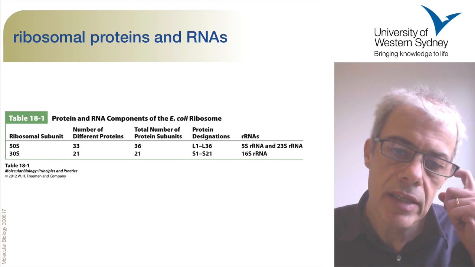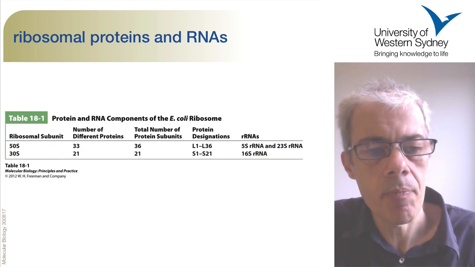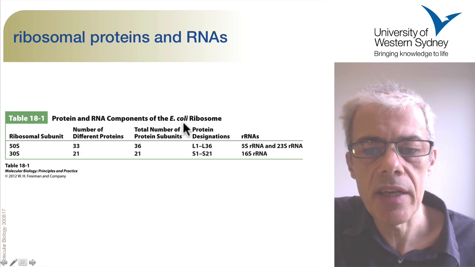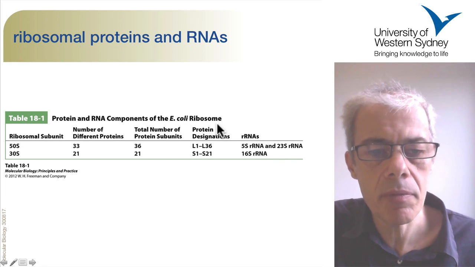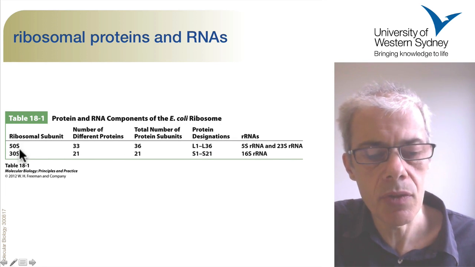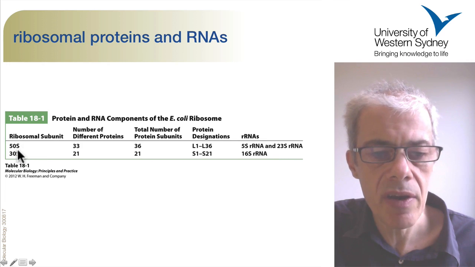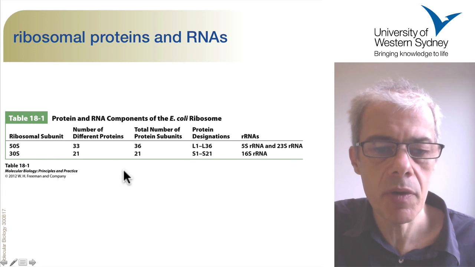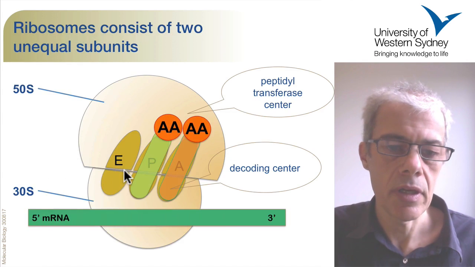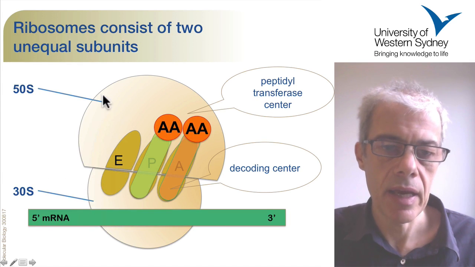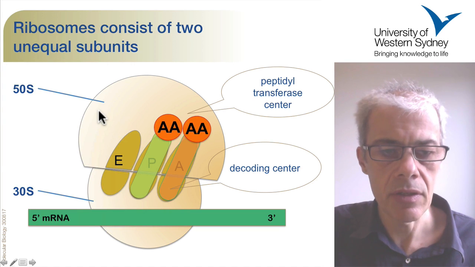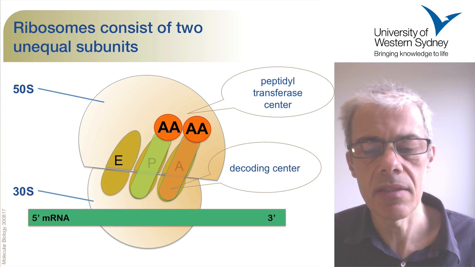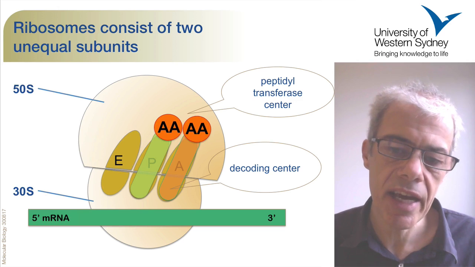Again, here's a table from the textbook, and this is just summarizing the E. coli ribosome. So here we have the two subunits of the ribosome, the 30S and the 50S subunits. The S is something you don't need to know, but it's a sedimentation coefficient.